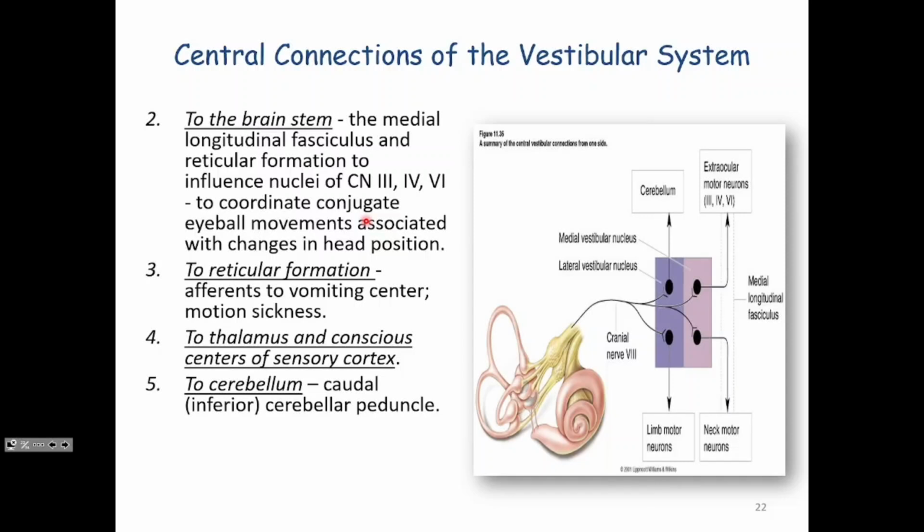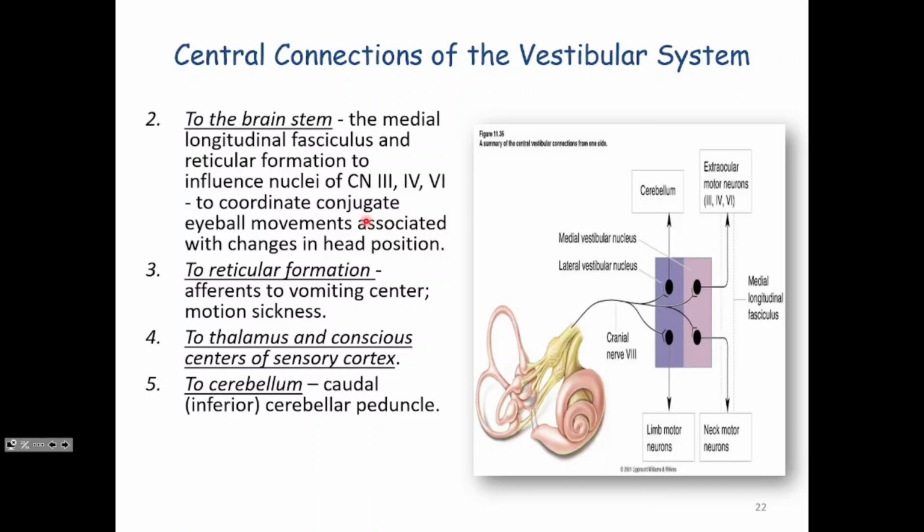It has a connection to the reticular formation of the brainstem. The medial vestibular nuclei are also connected to the reticular formation. That's why when you have vertigo, you also feel nauseated, because the reticular formation is connected to the reticular formation of the medulla, which has the vomiting center. Okay.